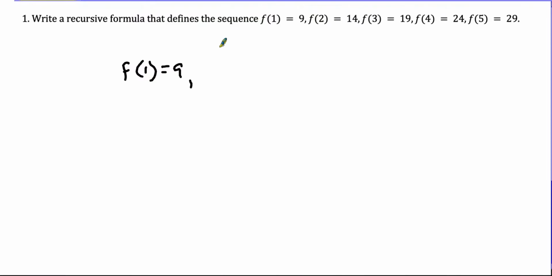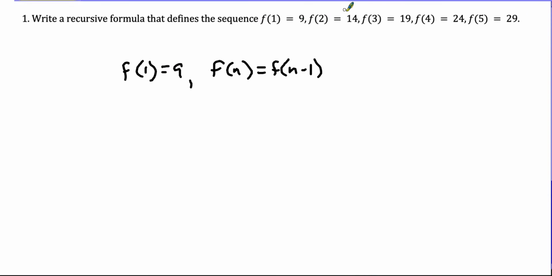Now, the second part is my rule, and that rule is based on the previous term. So remember, the way that we write something like this is f of n, that says the current term equals f of n minus 1, and then whatever's happening to get to the next term.